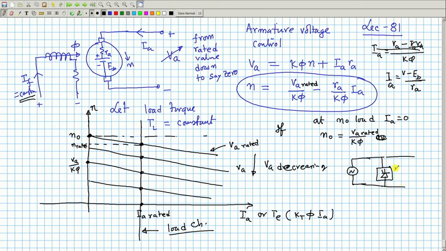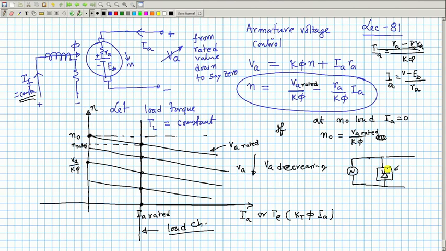It is an SCR based converter, AC to DC converter, and then that voltage you apply to the armature, very nice. Or maybe AC first make it DC, then use some chopper circuit, buck converter to vary the voltage at ease. Nowadays, it is so simple.